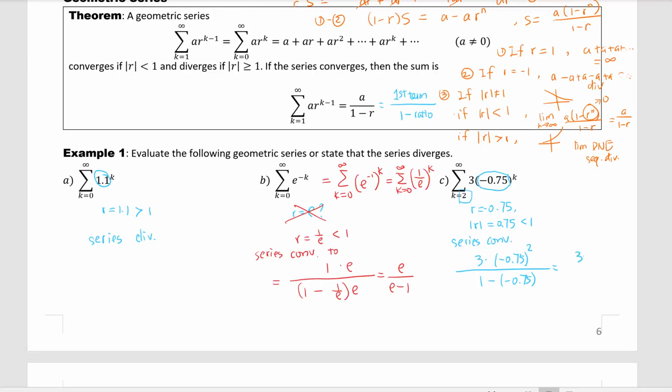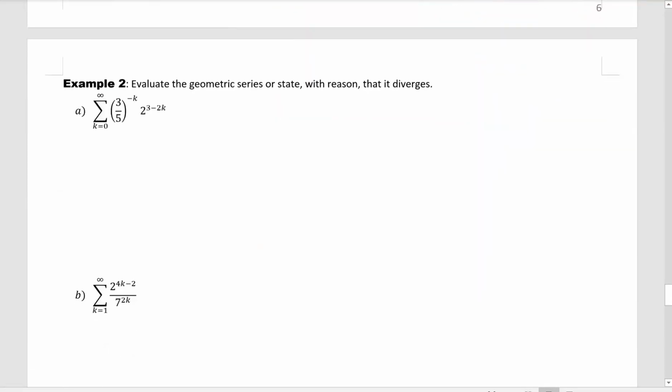What is that? 0.75 is 3/4, so (3/4) squared is 9 over 16. And 1 minus the ratio is 1 plus 3/4, which is 7 over 4. You can see the 16 and 4 cancel, we get 4 there, and 3 times 9 is 27 over 4 times 7, so 27 over 28. Okay, everybody? Alright, let's continue.